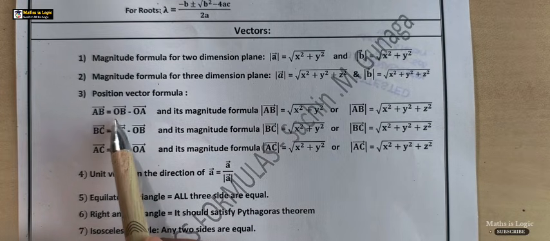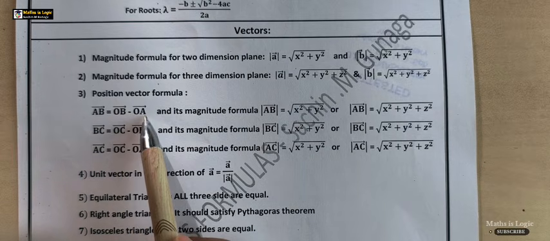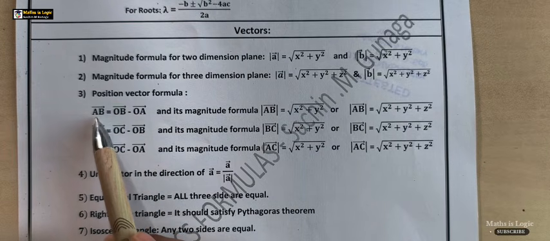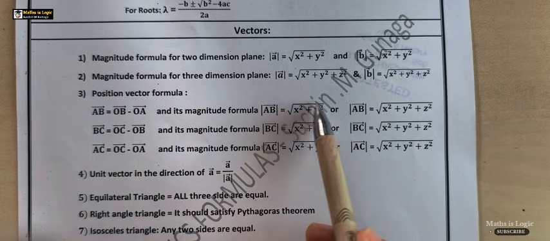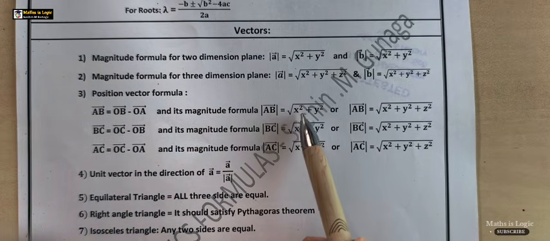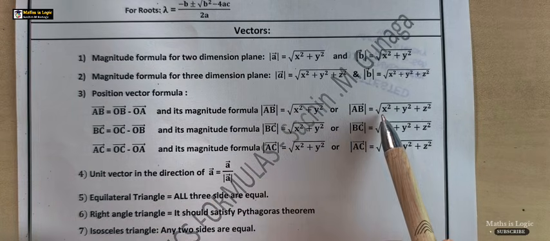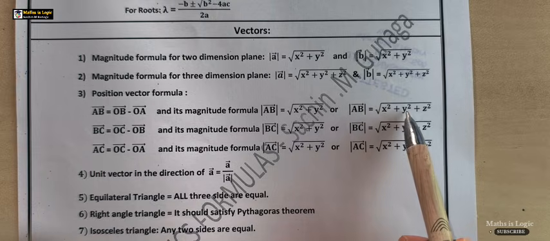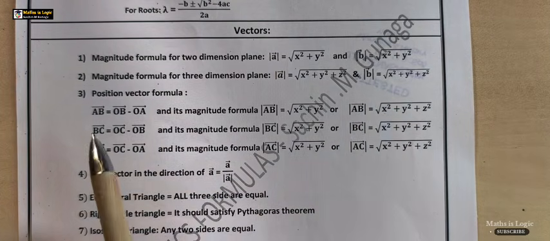AB vector is equal to OB minus OA, and if you want to find out the magnitude of AB, the magnitude formula becomes square root of x square plus y square for 2-dimension plane, or square root of x square plus y square plus z square for 3-dimension plane.